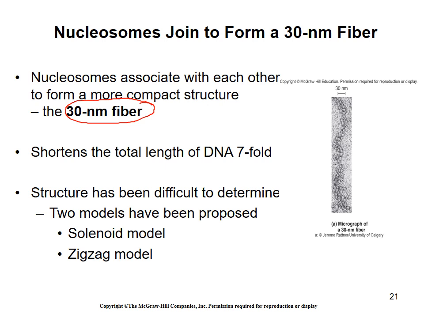And they're not really sure, so notice how on the PowerPoint it says it's been proposed. Because part of what happens is whenever you remove the DNA out of a dead cell, the structure will automatically alter. So it's really hard to see this in a living cell versus a dead or harmed cell. But either way, let me show you in the next picture what the solenoid model and the zigzag model of the 30 nanometer fiber looks like.